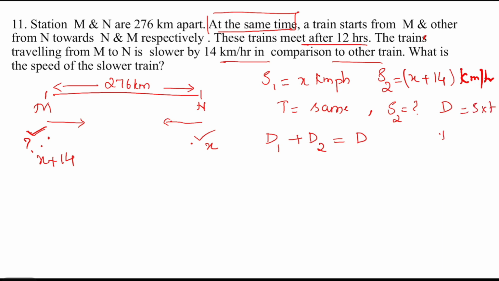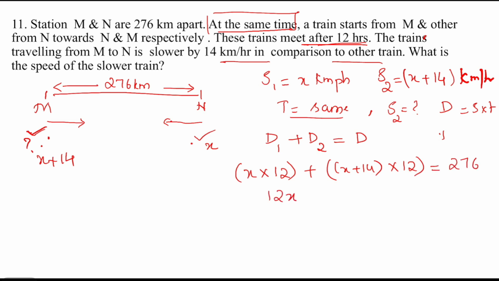Therefore distance, speed of first train is x into time, after 12 hours they are meeting, isn't it? So it is 12 hours here, plus distance of second train is x plus 14 and time is again 12 hours for this also, because time is same we have seen. So which is equal to total distance, which is equal to 276.